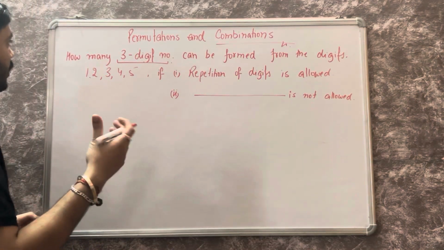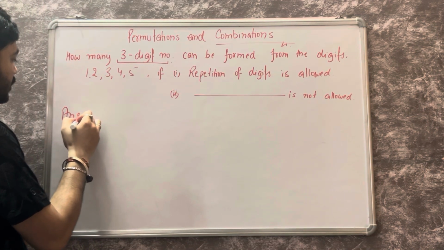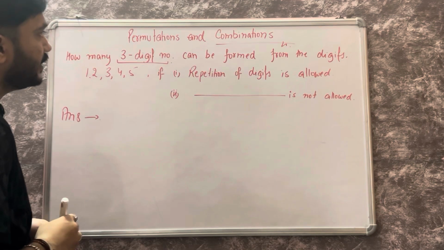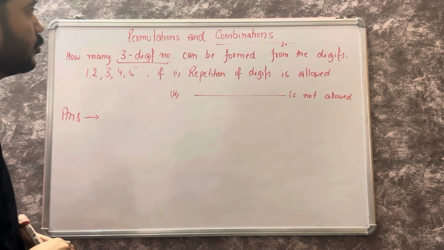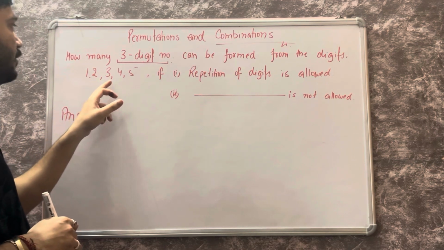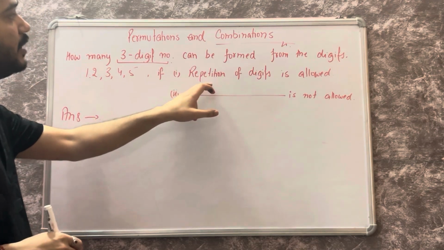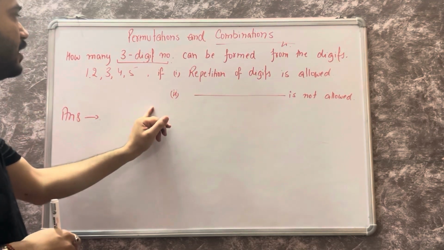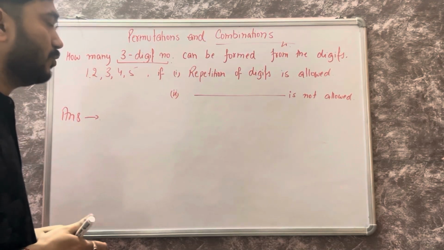Now look here, the question given to us is: how many 3-digit numbers can be formed from the digits 1, 2, 3, 4, 5 if the repetition of the digit is allowed, and if the repetition of the digit is not allowed.